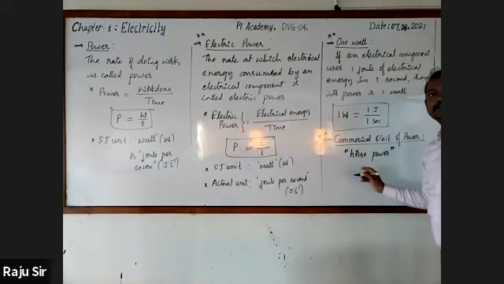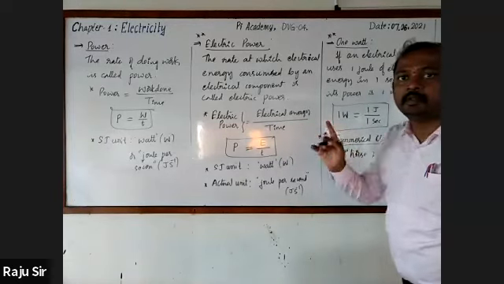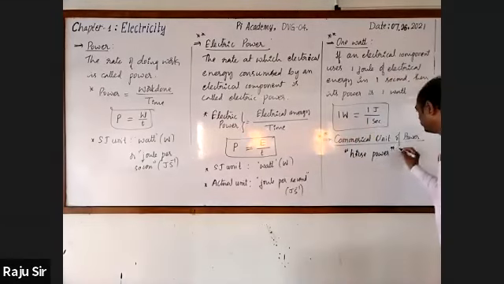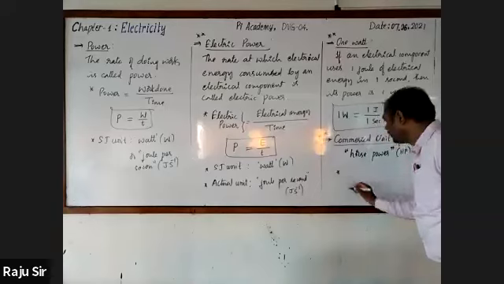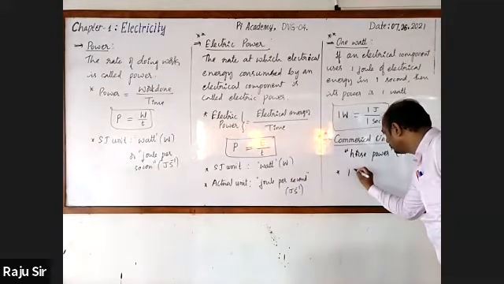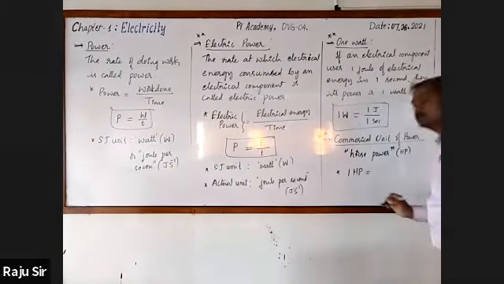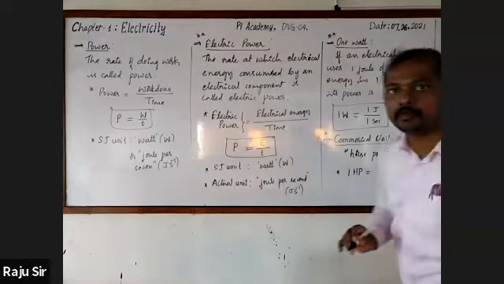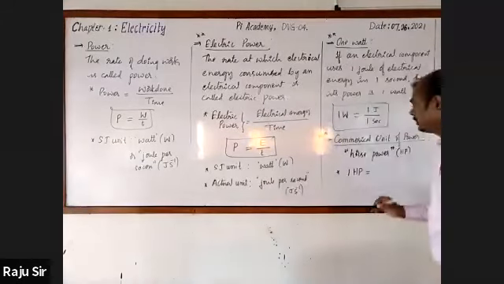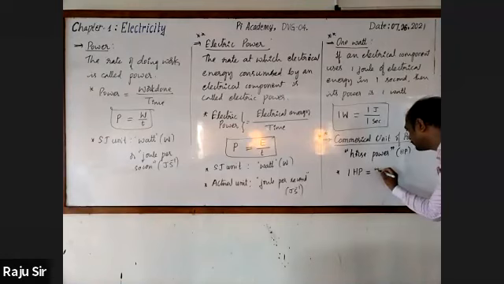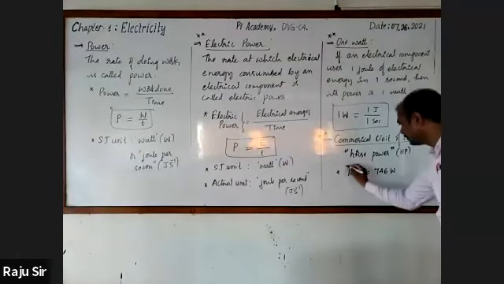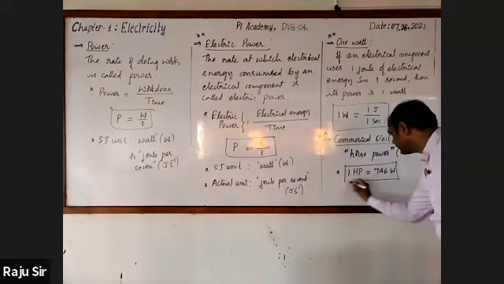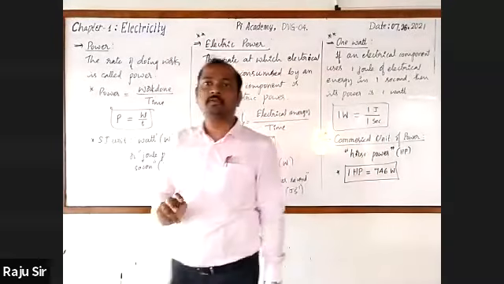And write the relationship between horsepower and watt. That is, 1 horsepower, 1 HP, is equal to 746 watts. This is the relationship between horsepower and watt.